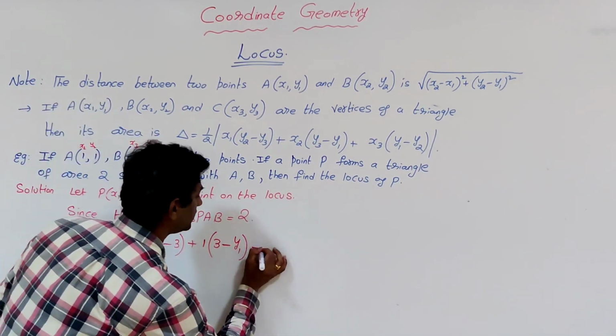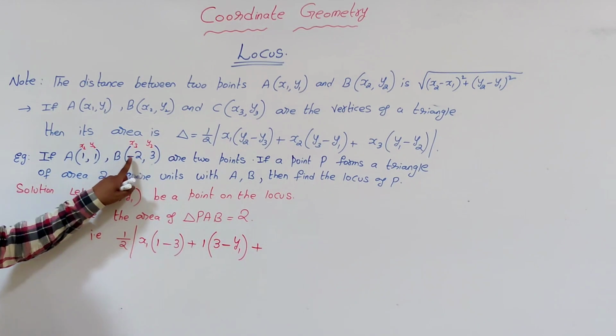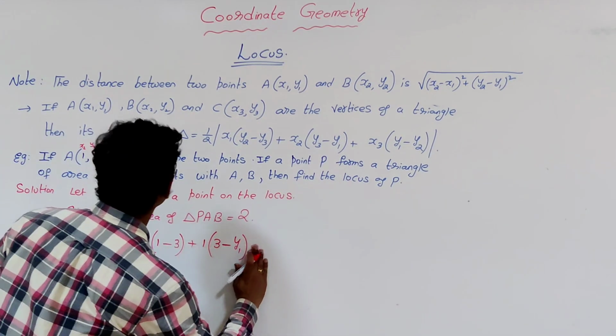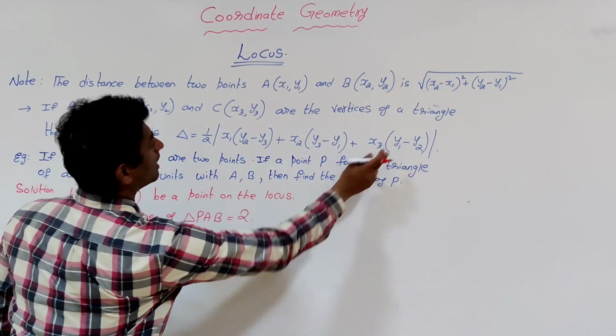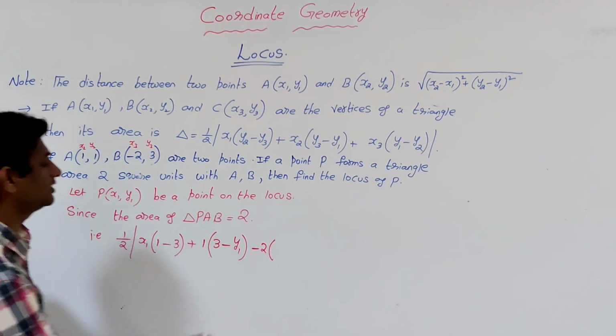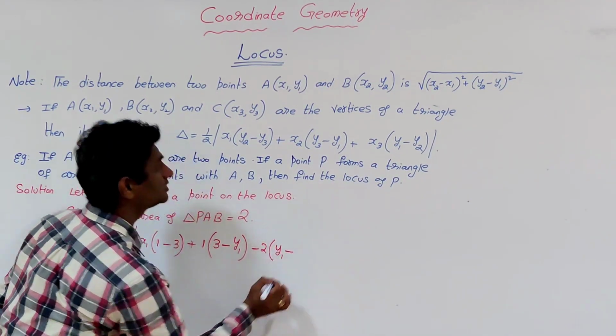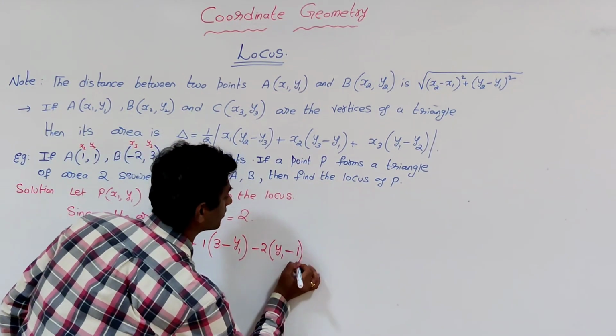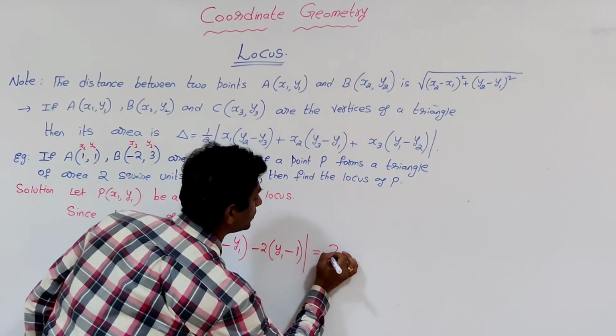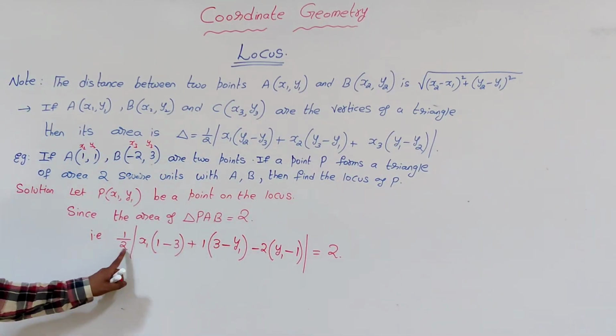Plus x3, which is minus 2, times (y1 minus y2). y1 minus y2, where y2 is 1. And he has given 2 units, so take this 2 to this side.